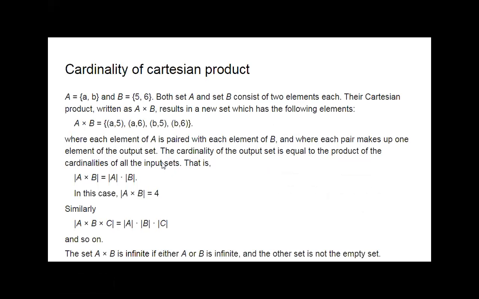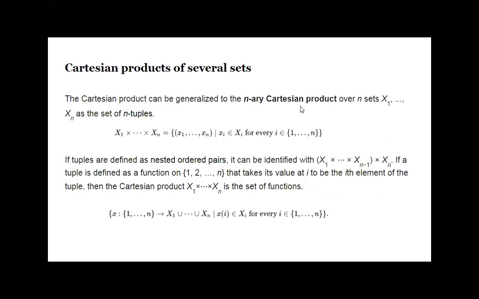Then we have seen the cardinality today itself. The cardinality of a Cartesian product is the multiplication of the cardinalities of the individual sets, and the Cartesian product of several sets is like this. Okay, that also we have seen.